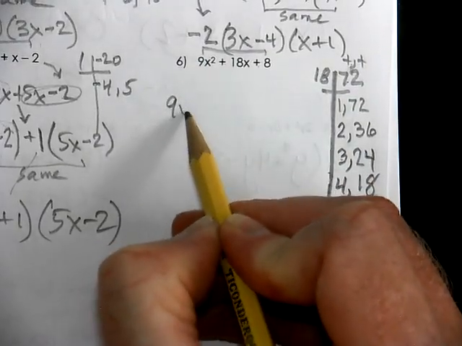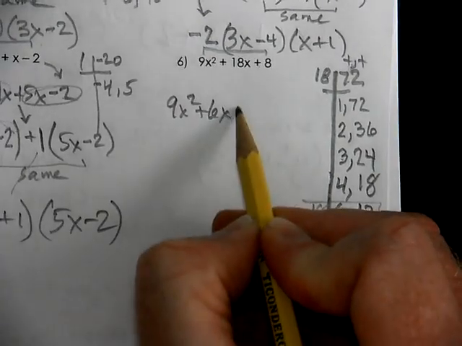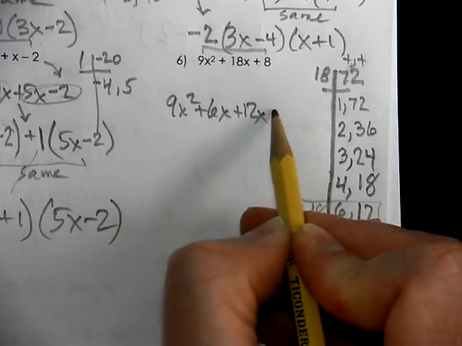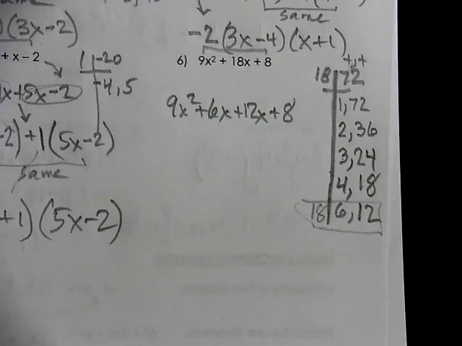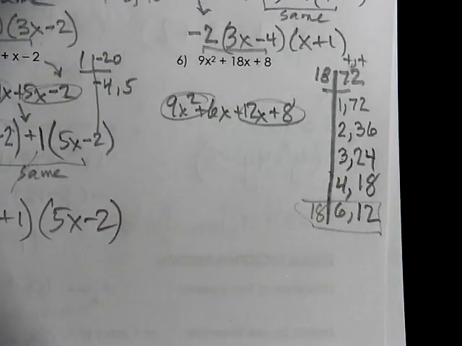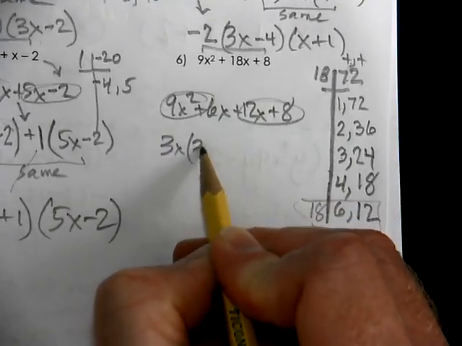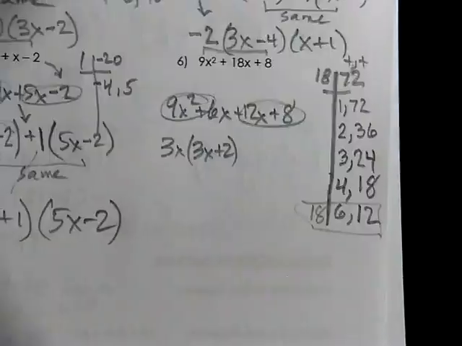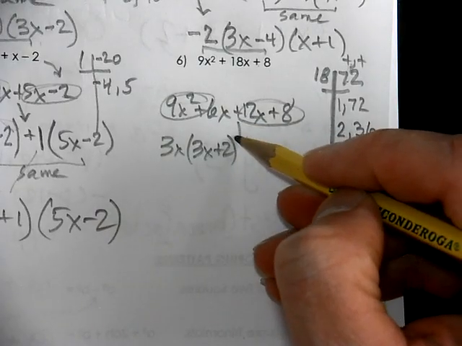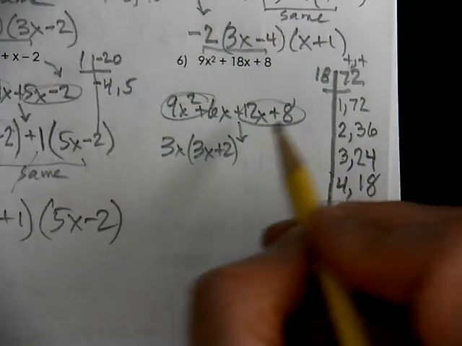But we're going to write down our 9x squared plus 6x plus 12x and our positive 8. Do your 2 groups. I have 3x, leaves me with a 3x plus 2. Bring down my sign.